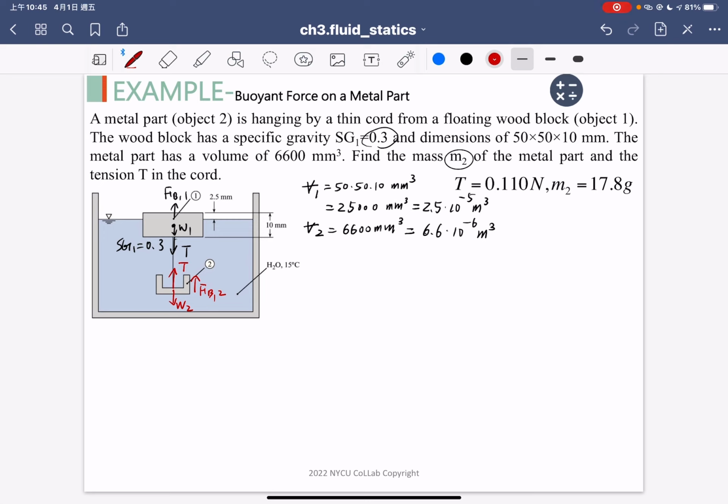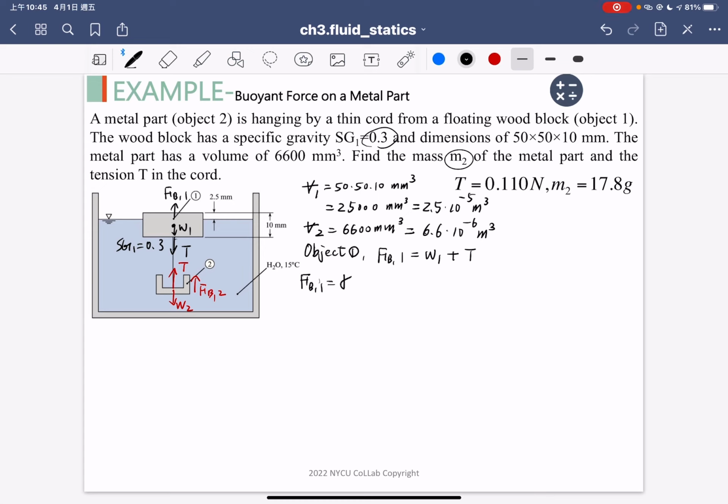If I first consider object 1, I know that the buoyancy force FB1 is equal to the weight W1 plus T. So how can we compute the buoyancy force? As we know, FB1 is equal to gamma.